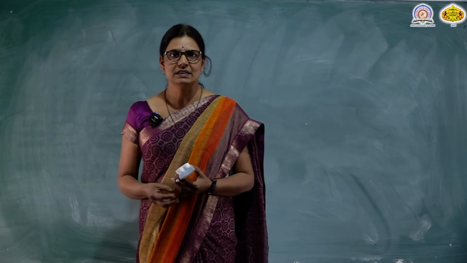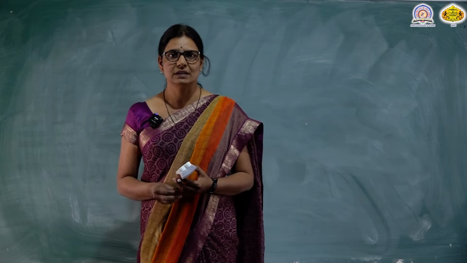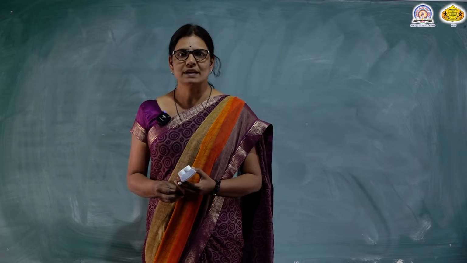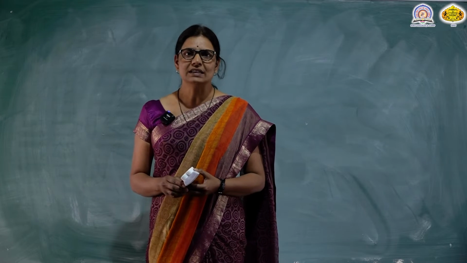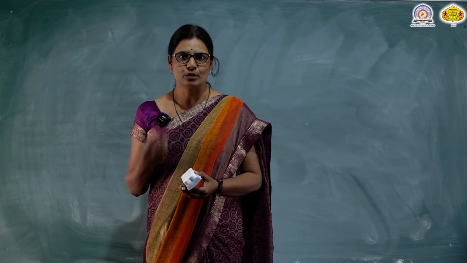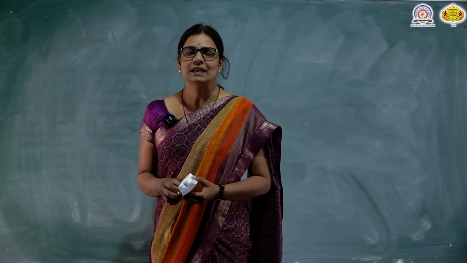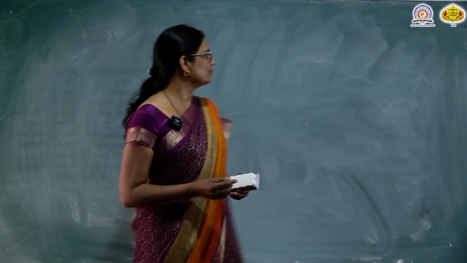What is meant by linear transformation? Its definition and some examples of linear transformation. So linear transformation is a mapping with some properties. So for that, let us consider the definition first.